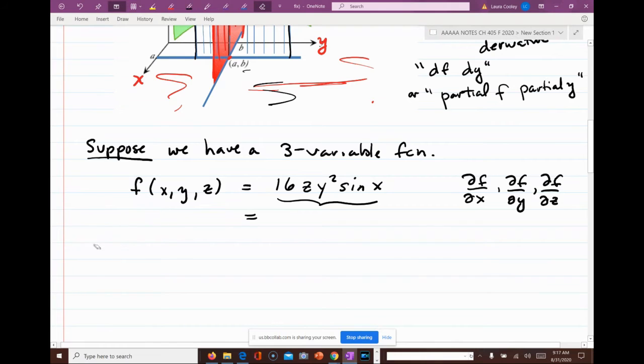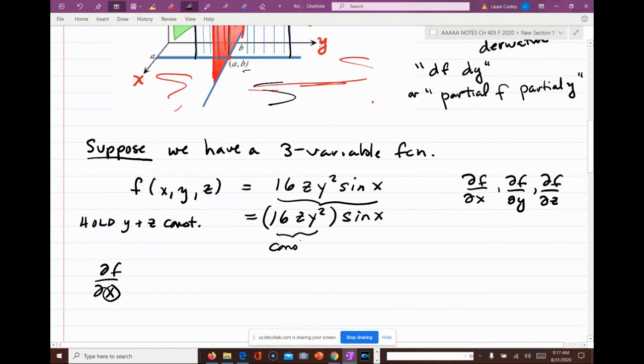I'm not getting the partial derivative yet; that's further down. I would write it with all the things I'm going to hold constant in front. If I'm differentiating with respect to x, I'm going to hold y and z constant, so everything with a y or a z I'm going to put in front. It's already in front.